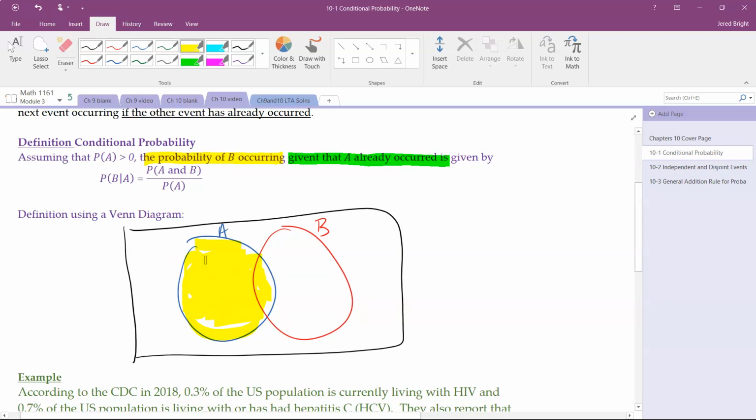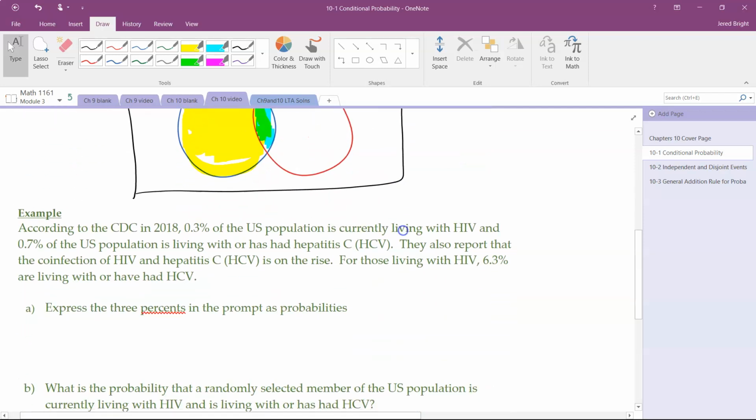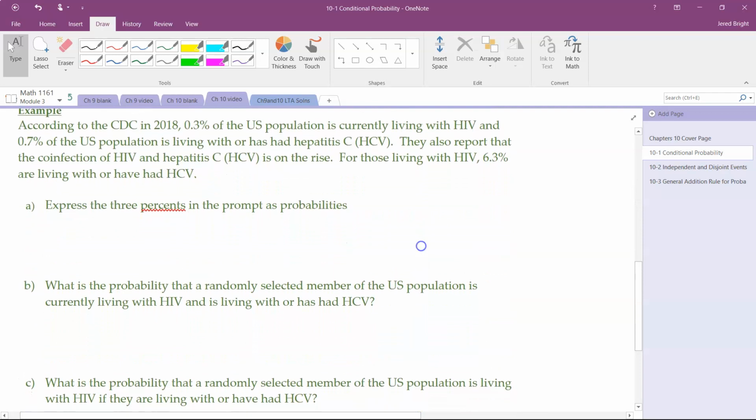So out of this entire piece, the component where B is happening is this middle piece. So we're looking at this little sliver, the probability of A and B occurring, out of P of A. That's the idea where the definition came from. So with this idea in mind, let's get working on an example.